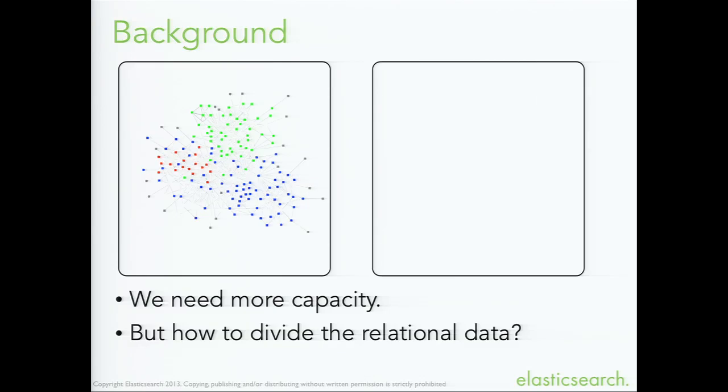But at some point, when the data keeps growing, it doesn't all fit on one machine. So you want to add a machine to your small cluster. But how are you going to divide the data set? An approach would be to split everything in two.